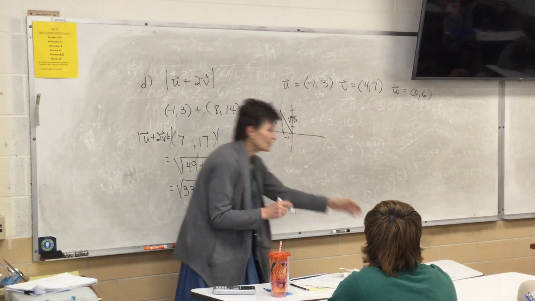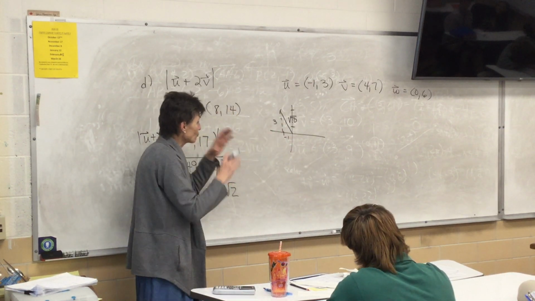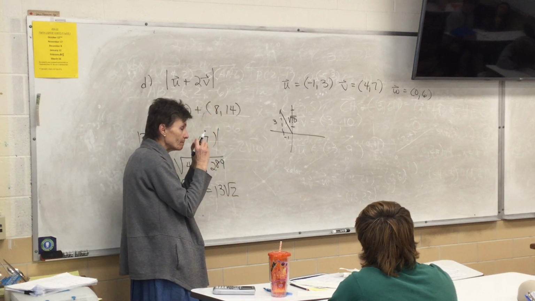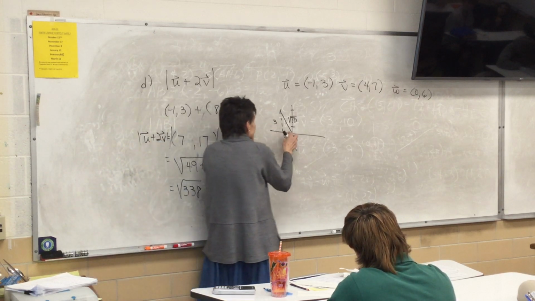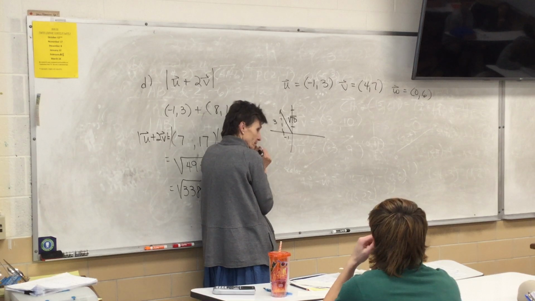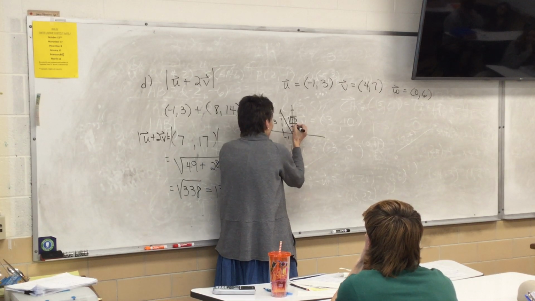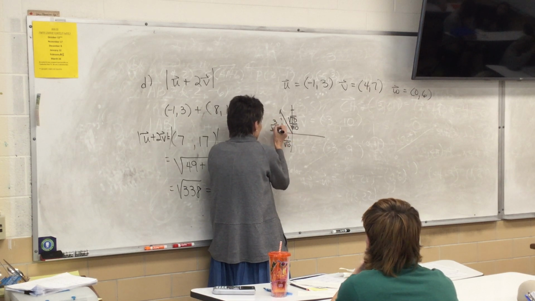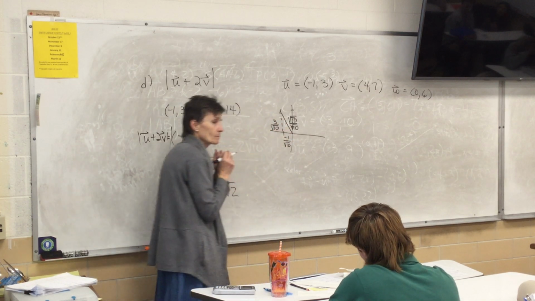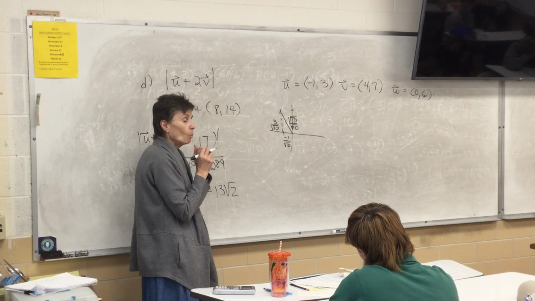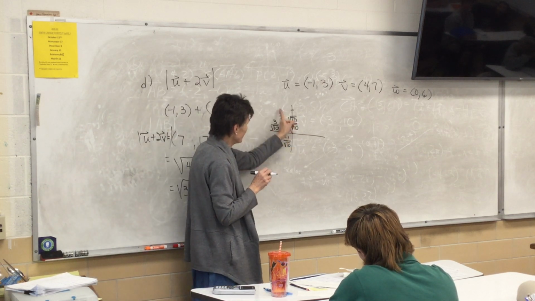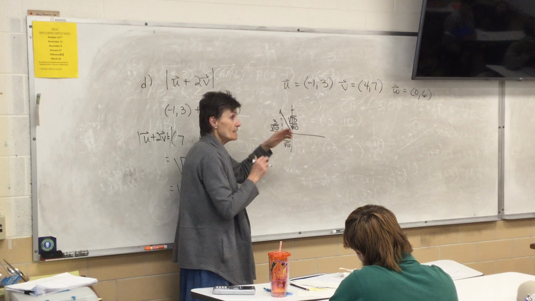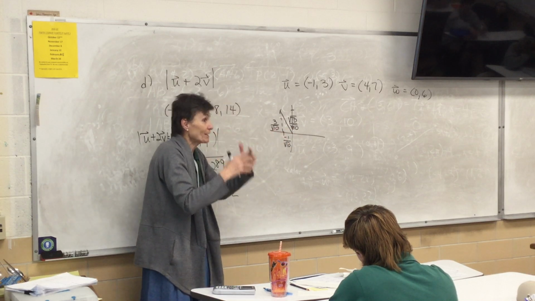So what I want to do is take that triangle right there, and I want to shrink it so that this length is 1. So I'm going to divide every side of the triangle by root 10. Will that make the length now 1? Will it keep the direction the same?